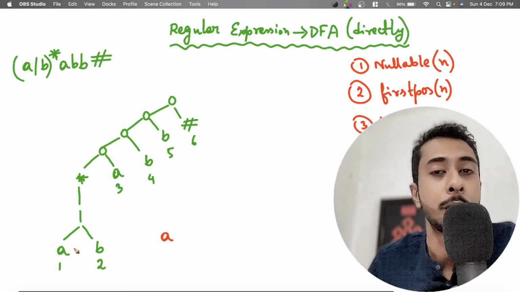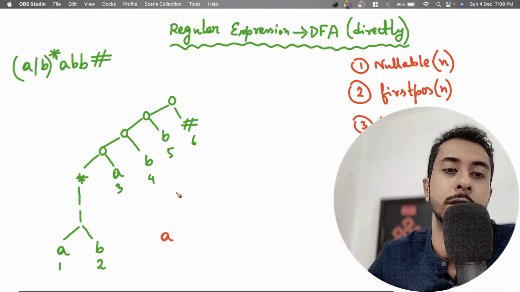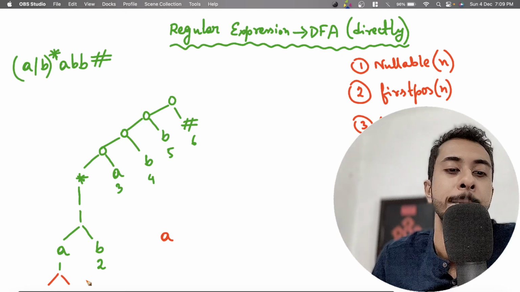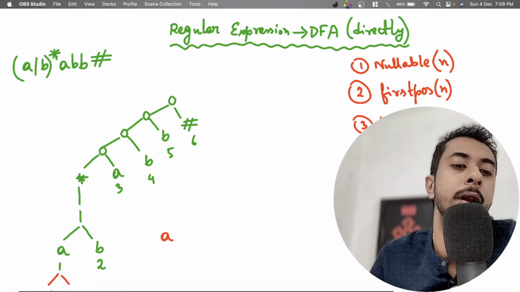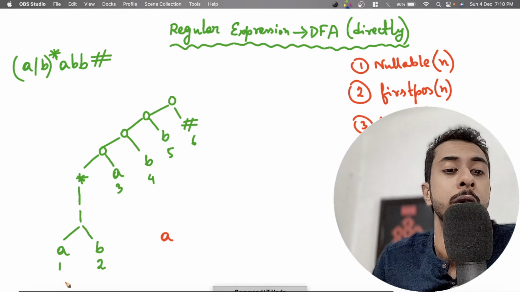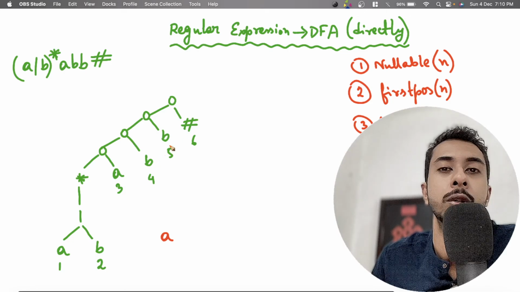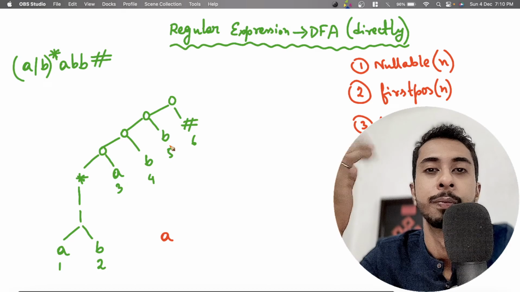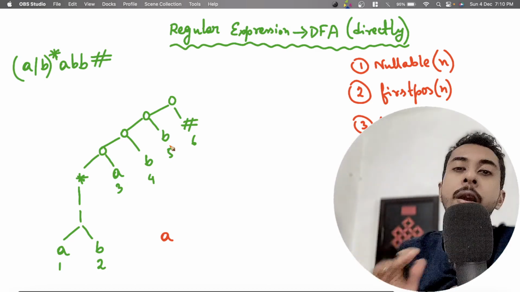Only if a leaf node does not have any child, these are nullable because epsilon is there, or nothing is there. But what about A? What about B? What about this A, this B? All these leaf nodes have some value, A B B hash. So these leaf nodes are never nullable.